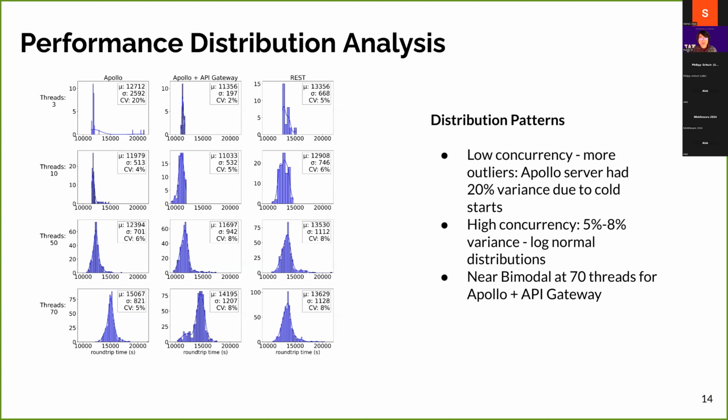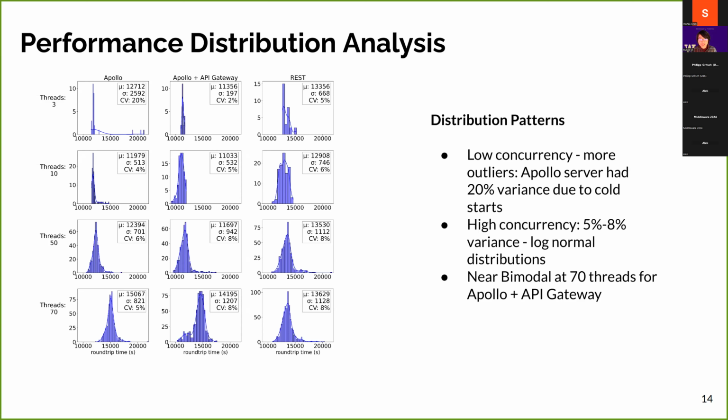But we also look into the individual round trip time distribution for the 3 experiment settings, Apollo, Apollo with API gateway, and REST, under different concurrency levels. On low concurrency, with very few threads running, the cold start causes Apollo server to have quite high variance. When we move to higher concurrency counts, the whole thing looks more like a typical normal distribution with something around 5 to 8% variance.